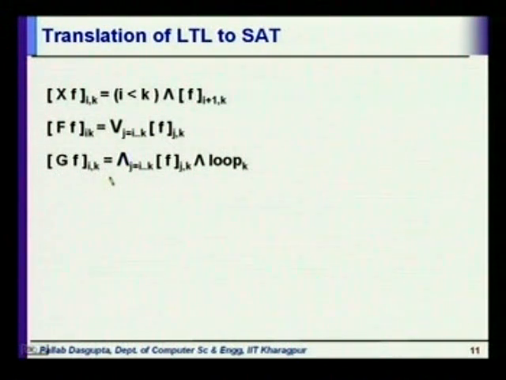Is that clear? GF_ik is an AND over this thing. So GF_ik means that it should hold on every step, right, and then we add this clause loop_k. So this checks that F holds on all the steps from i through k, right, and then we also have a loop_k.